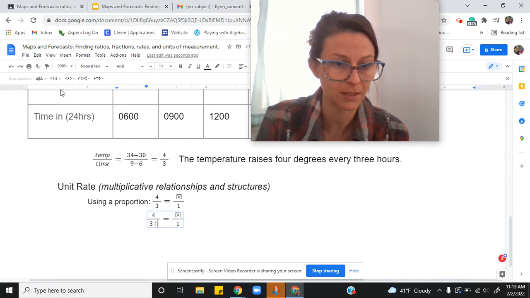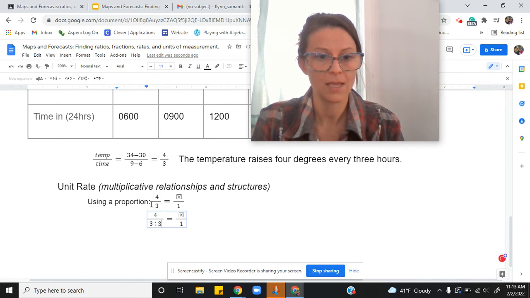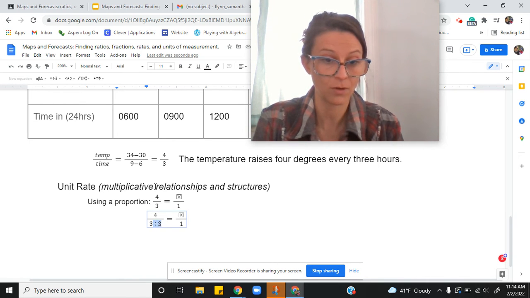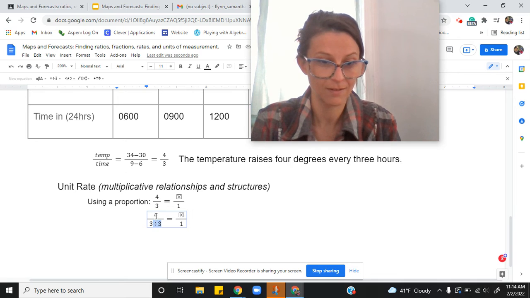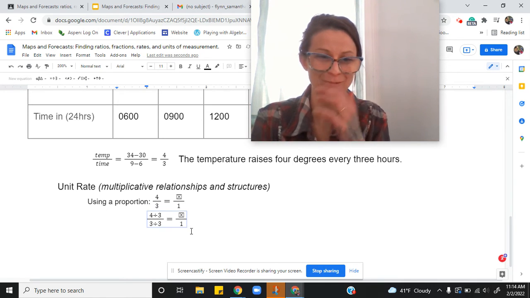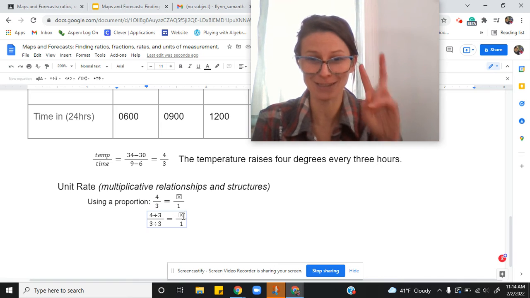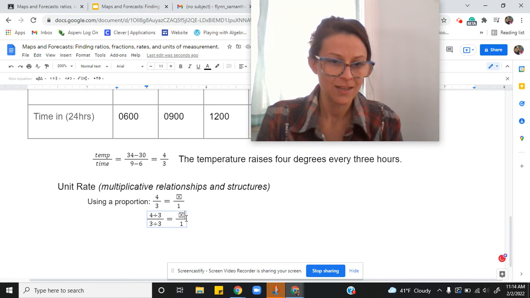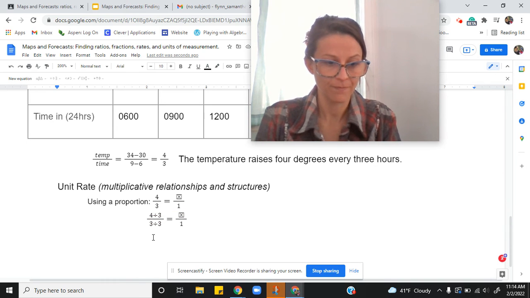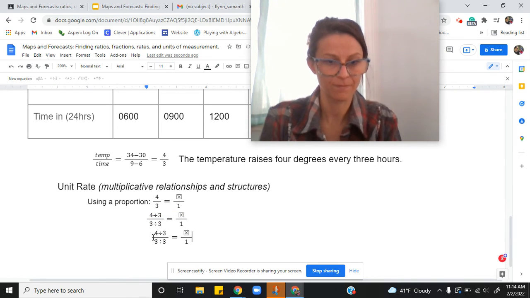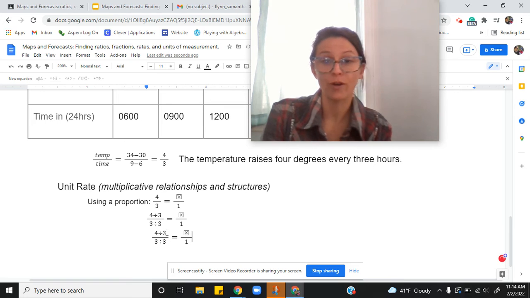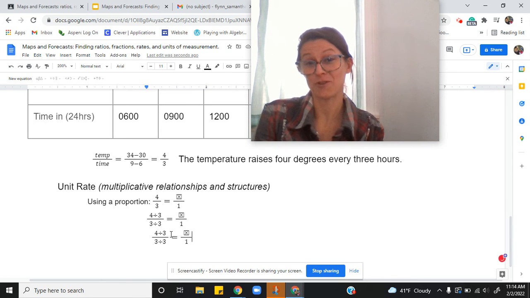So I'm going to just say divided by 3 equals 1. And then do the same thing to the numerator. You have a prediction of what the mystery X is going to be, the box. So 4 divided by 3 is 4/3.